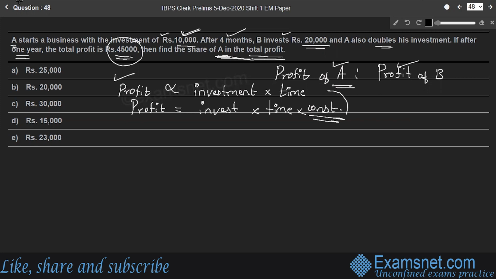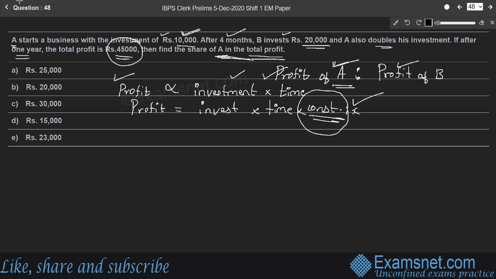So let us consider the constant is x here, because to find the ratio, we only need investment and time, right? Since investment and time are directly proportional to profit, there will not be any difference in the ratio of the profit. If we consider a constant value, then the ratio will get altered, right?